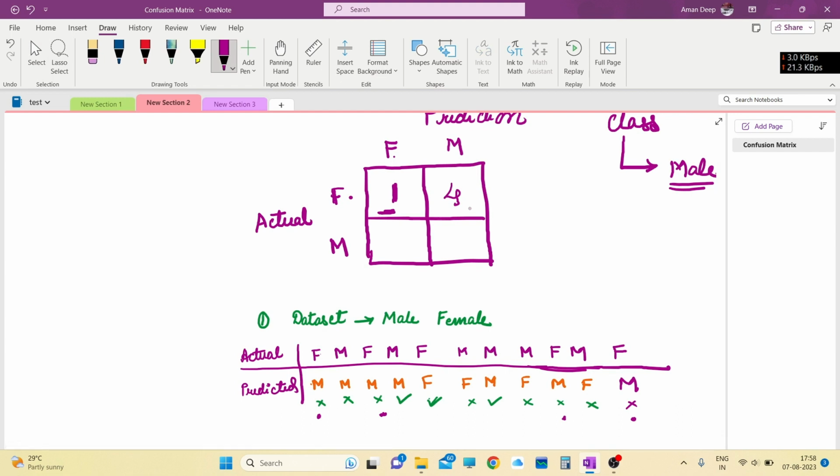Okay, coming now to this cell. Here actual value is male, but the model has predicted as female. How many those cases are there? So those cases will be MF. Let's just check it. MF, that's one case. That's the second case. That's the third case. So we have 3 cases here. They were actually male, but were predicted as female, and similarly here they were males and they were predicted as also male.